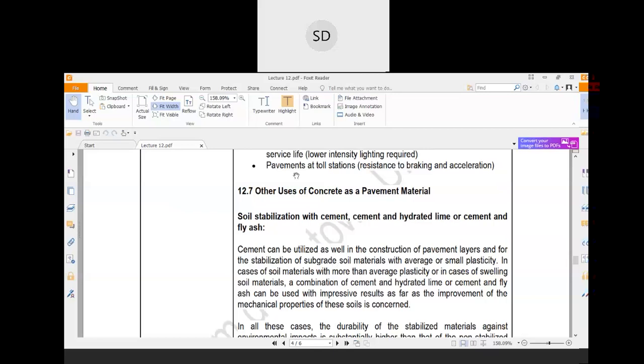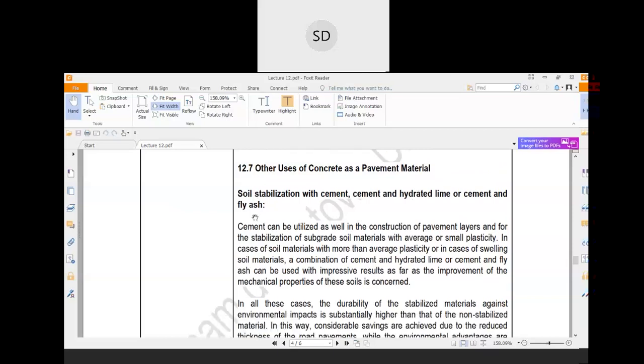Now, besides this, there are other uses of cement as a pavement material. One use is soil stabilization with cement, cement and hydrated lime, or cement and fly ash. Soil stabilization means the base of your pavement is your subgrade soil, the lower portion of your pavement.